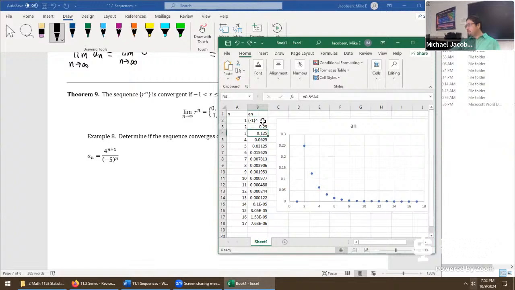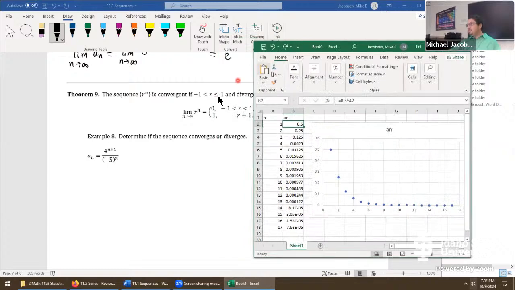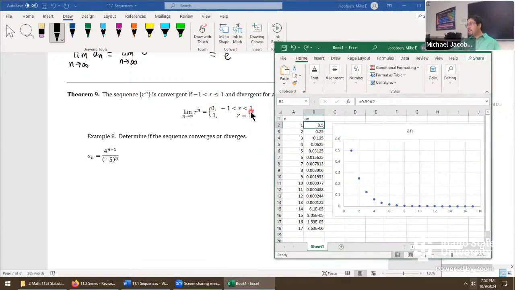Here, the dots were getting closer and closer to 0. And in the function, it says if r is between -1 and +1, the limit of that is always 0 altogether. So that's what goes off on -1. It just turns into an alternating sequence, +1s, -1s, and nothing else going on.